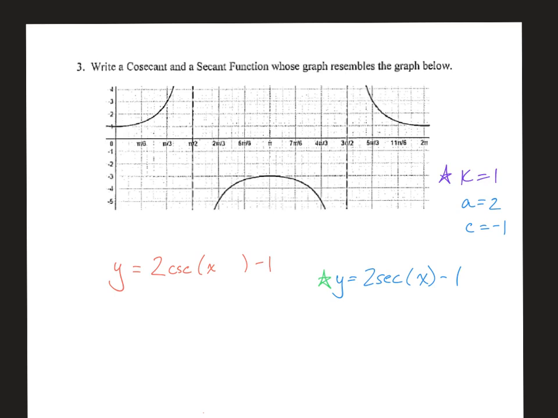And you'll notice that you have an asymptote at pi by 2 and an asymptote at 3 pi by 2. Well, if you start to think back to where are your asymptotes on your cosecant graph, then you would normally have a cosecant graph that would have an asymptote at 0, an asymptote at pi, and an asymptote at 2 pi.